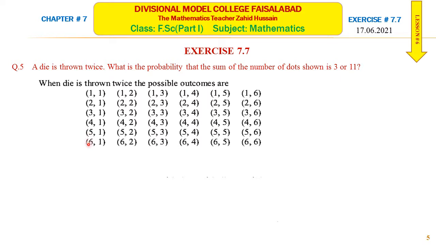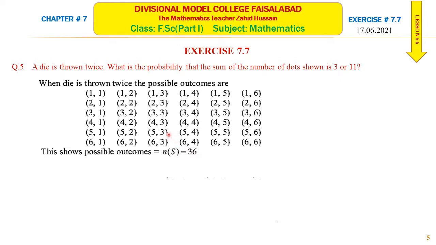Similarly, if the first throw is 6, the second throw may be 1, 2, 3, 4, 5, 6. So these are the possible outcomes when you throw a die twice or throw two dice at a time. The same outcomes will be there. These are a total of 36 outcomes, so the number of elements in the sample space is 36.